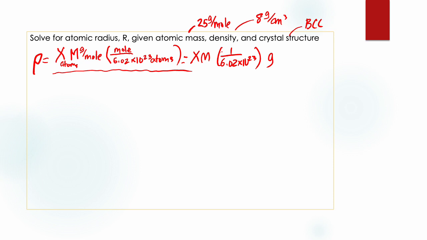And then our denominator, I've got A cubed is the volume of a cell, and Y times A is equal to 4R, and that's cubed. And R is my unknown.